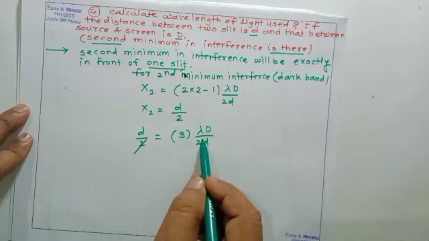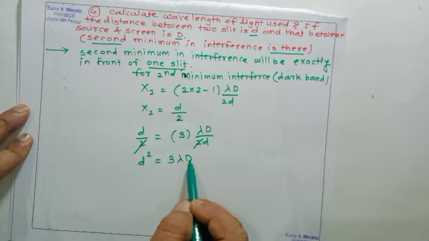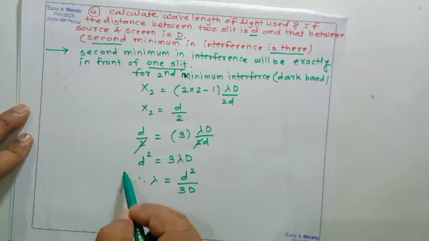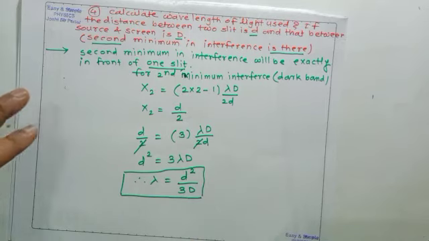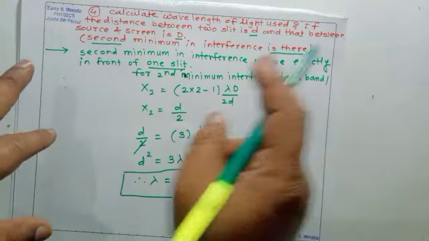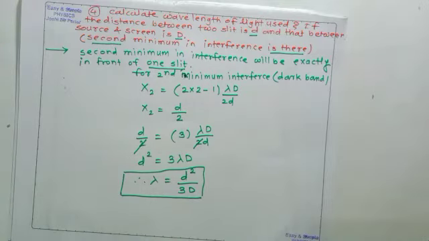What happened? 2 gets cancelled. d is multiplied here. d square is equal to 3 lambda D. Therefore, wavelength will be d square upon 3 capital D. Using this, we can calculate the wavelength of light which can be used when the distance between two slits is small d and the distance between source and screen is capital D. Using this formula, we get the answer for the given example.